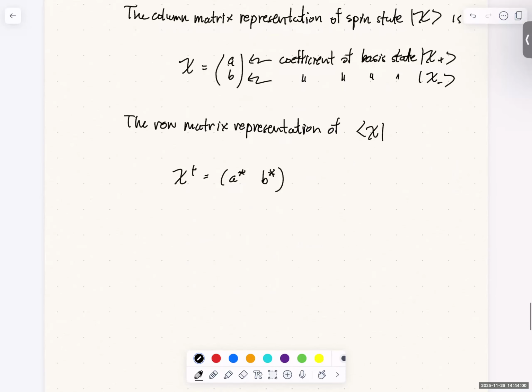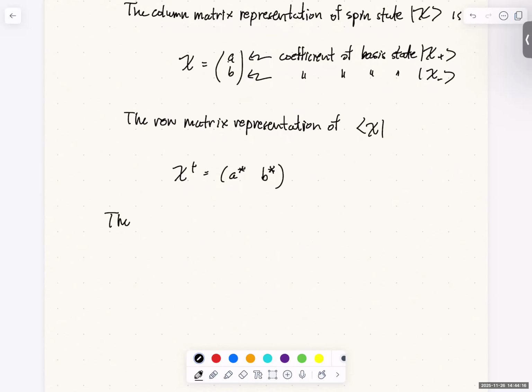So that's the column and row matrix representation of a general state. What we have to do now is come up with our square matrix representation of operators.